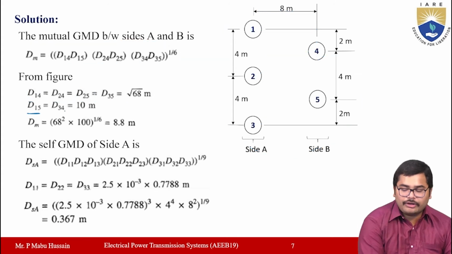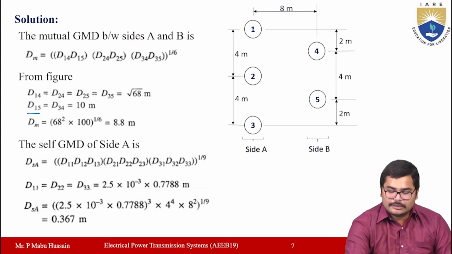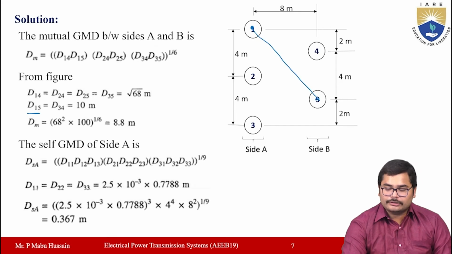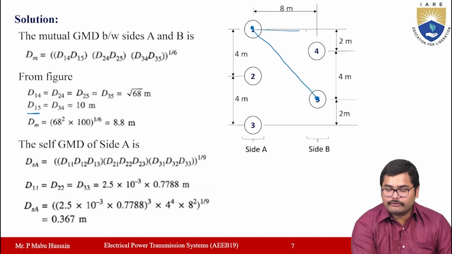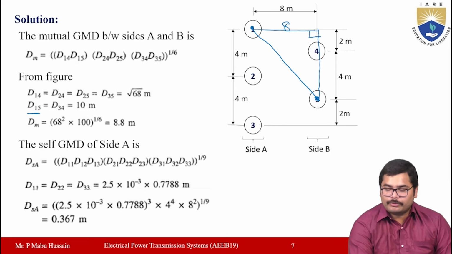And the value of D15, if you observe, D15 is the distance from here to here. How will you get this distance? You have to again make one right angle triangle like this. Now this side is 8, and from here to here the total will be 6.